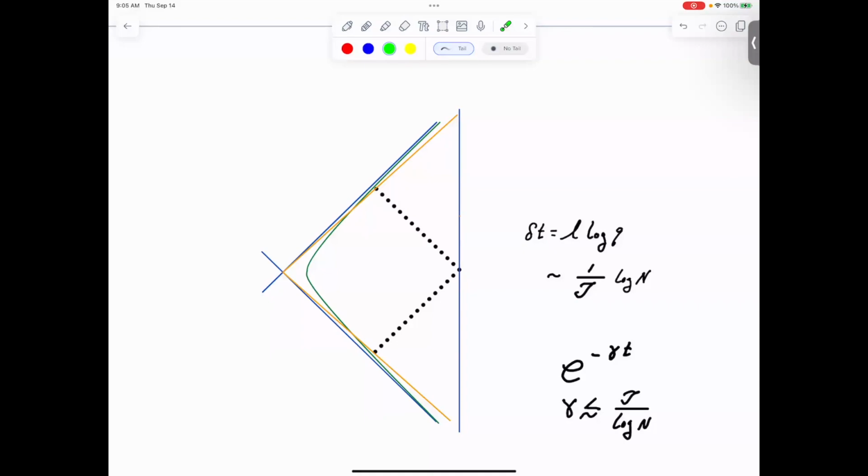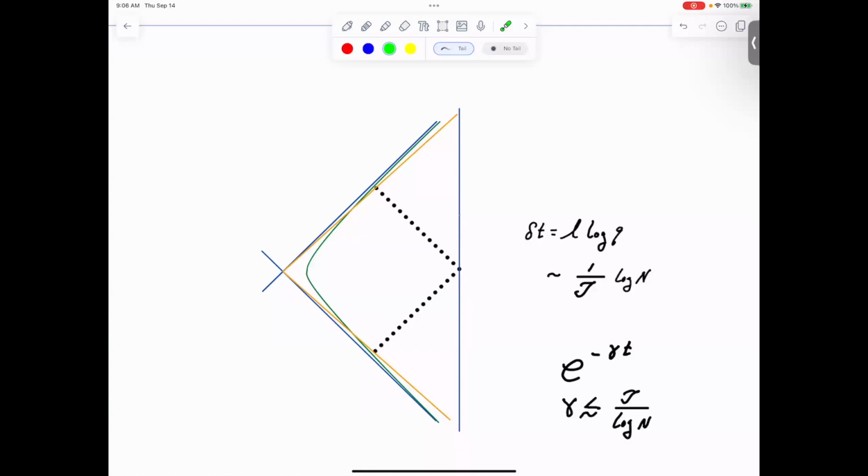Those are L times the logarithm of Q. I choose Q here because by assumption, I'm taking the distance from the stretched horizon to be of order the string scale. It's a microscopic distance. It doesn't matter whether it's Q, just some microscopic distance: L log Q, where L is 1/J, and Q is of order square root of N. So apart from a factor of 1/2, this is 1/J log N.